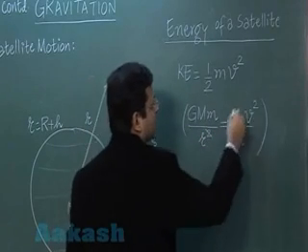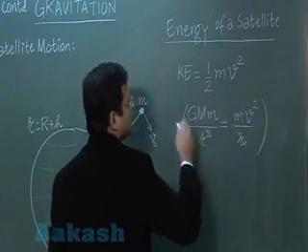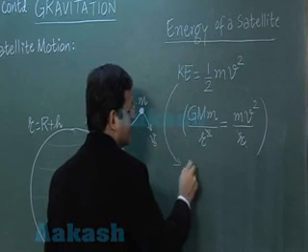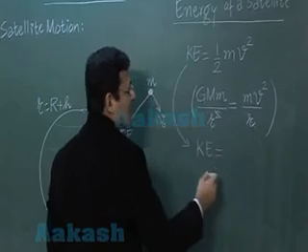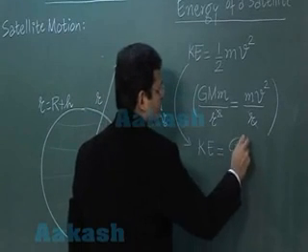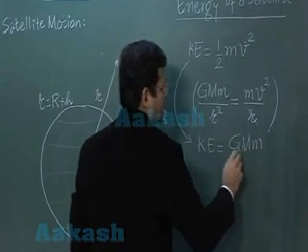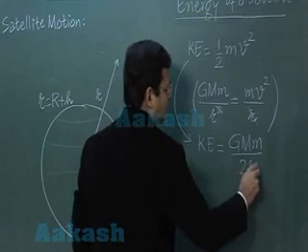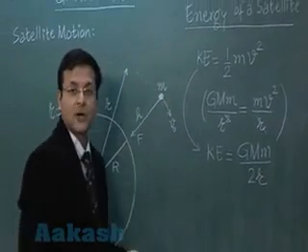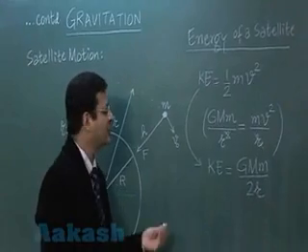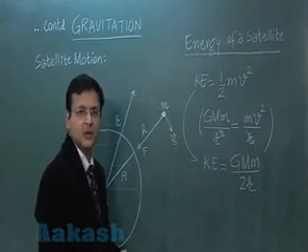So if you substitute this expression here, then the kinetic energy can be written as GMm upon twice of r. This is the expression of kinetic energy of a satellite which is rotating around the earth, or for that matter about any central object.